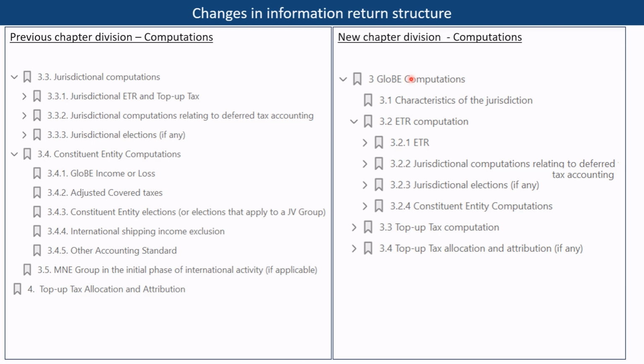You only would have to stick to chapters 1 and 2. But if you have any entity which is not qualifying for the safe harbor exemptions, then you probably need to do the whole of chapter 3 for that entity and the jurisdiction that it is in.